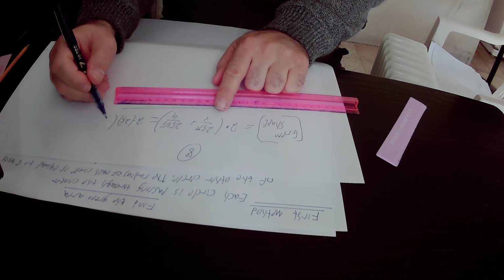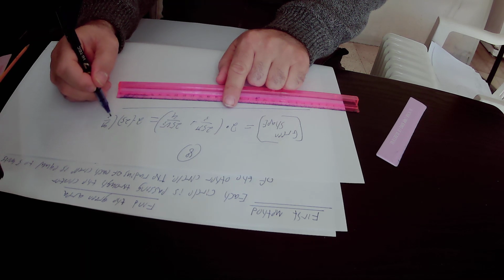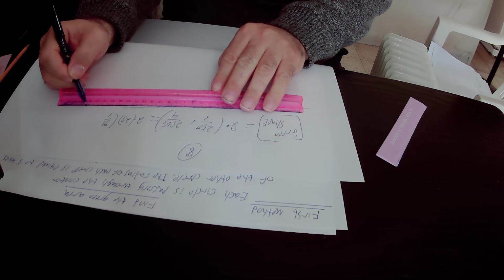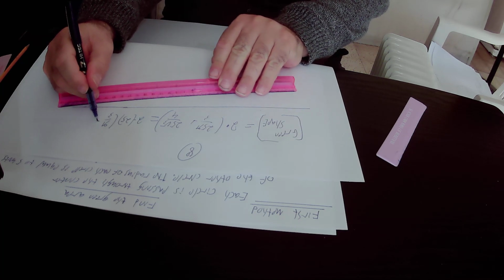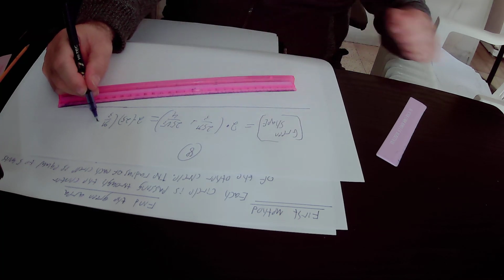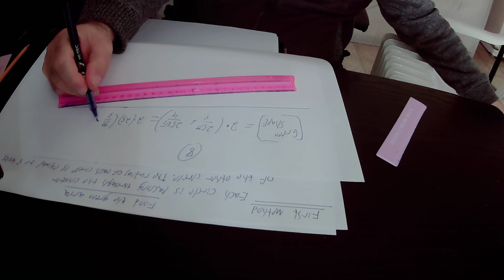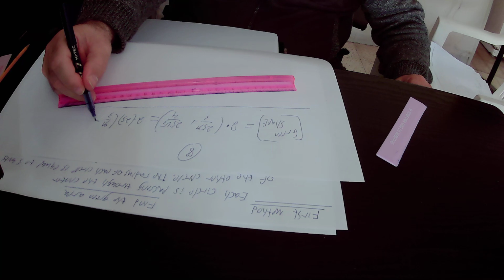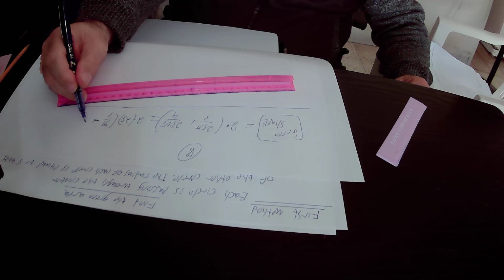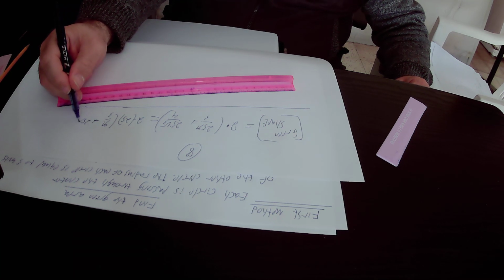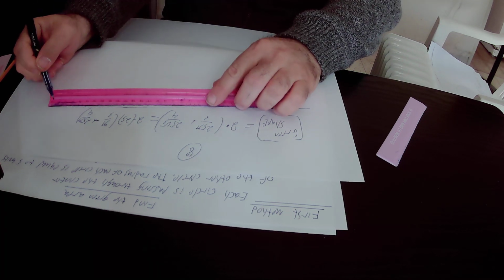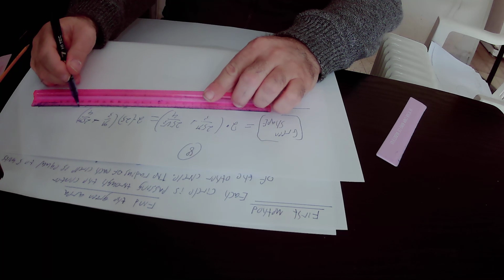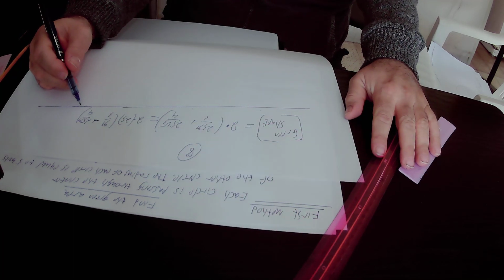It is pi over 3, and what is left from 25 square root of 3 over 4 is square root of 3 over 4.